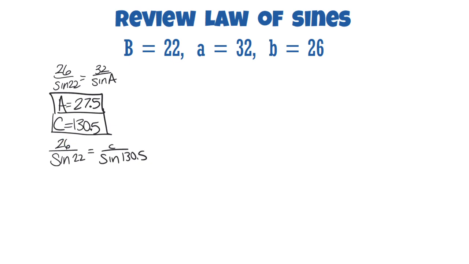So 26 times the sine of 130.5, and then divide it by the sine of 22. And my little c is 52.8. All right, so that one we're just plugging and chugging through your law of sines.